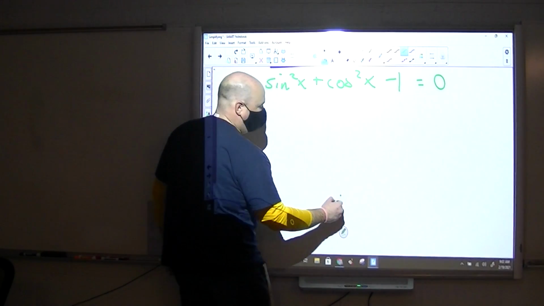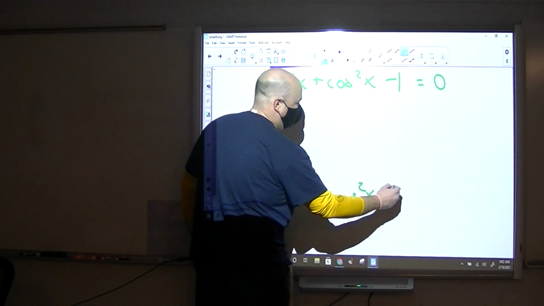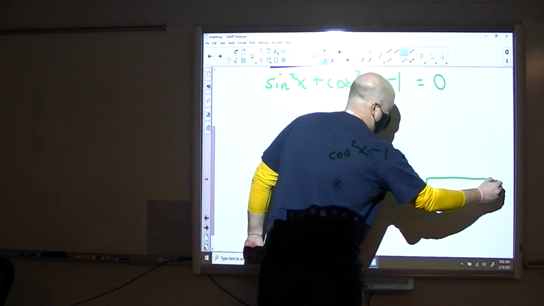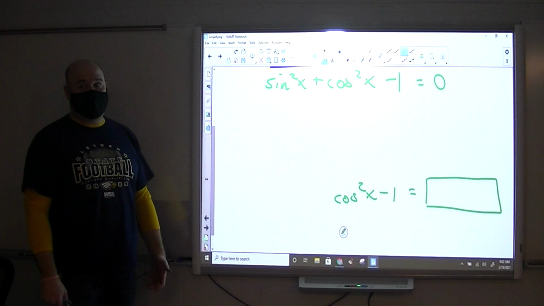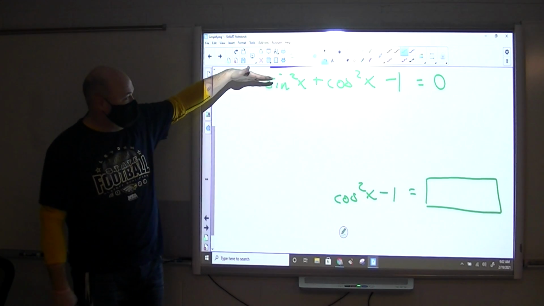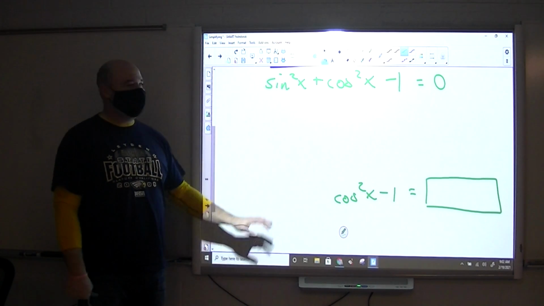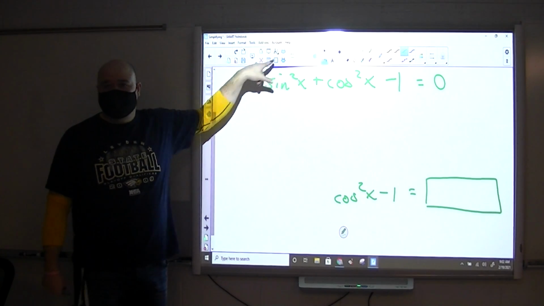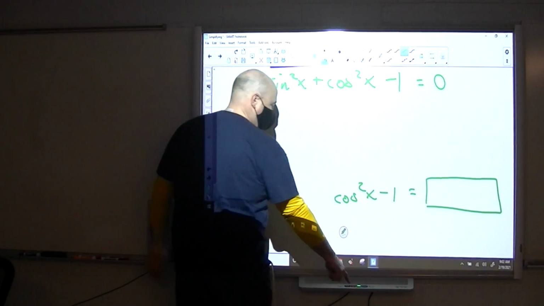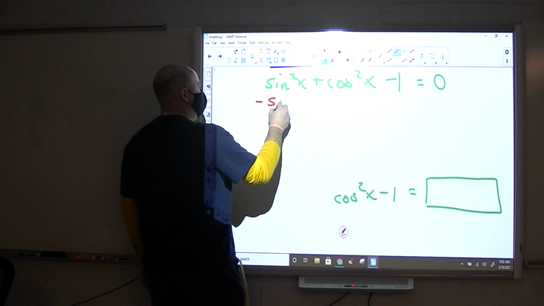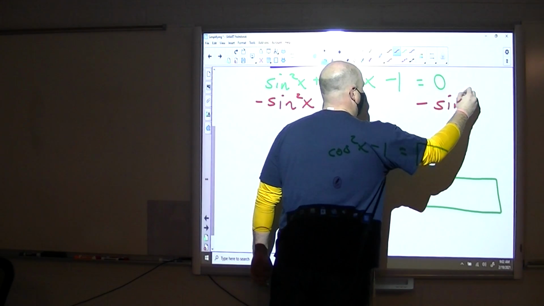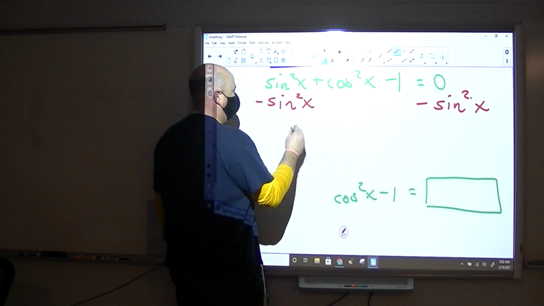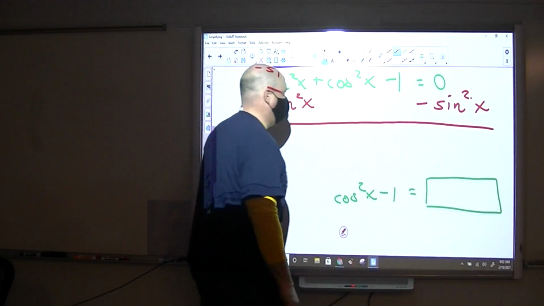Okay? But it has to be all by itself. I need this to say cosine squared x minus 1 equals something. Which means, what's the difference between that statement and that statement? This statement has the sine squared here. So, I'm going to keep manipulating this, and I'm going to subtract the sine squared x away from there.